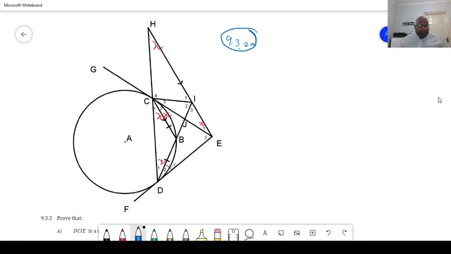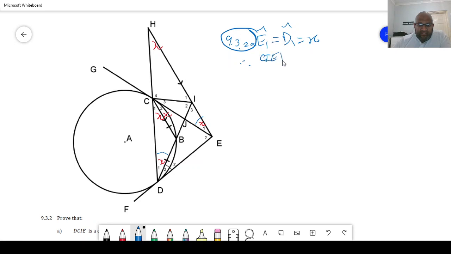So as I indicated, to prove that something is a cyclic quad, we prove that opposite angles are supplementary, exterior angle is equal to the interior opposite angle, or the converse of angles in the same segment, the one we will be applying here. So as you can see here, angle E1 is equal to angle D1, which is equal to X. That is proven by us.